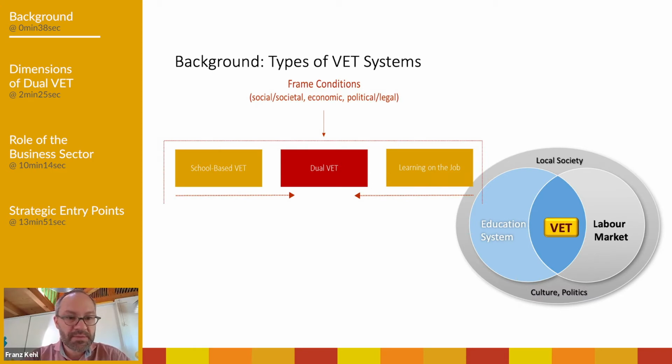The two systems, school-based VET and on-the-job learning, are then what we could call pure types that we might encounter, and dual VET stands in between the two poles, incorporating elements of school-based VET and on-the-job learning.